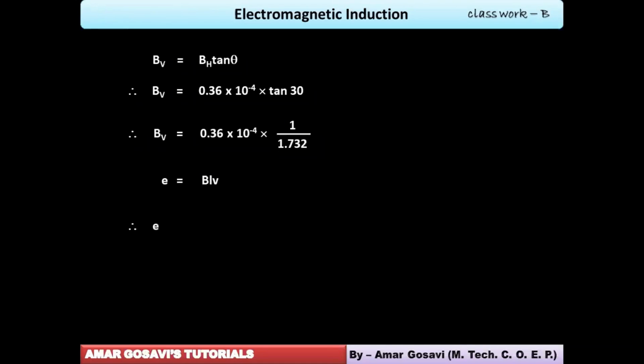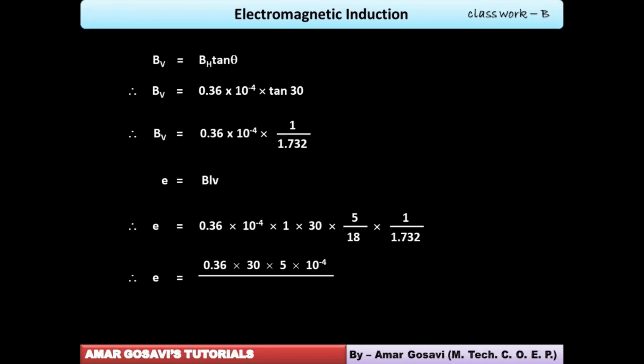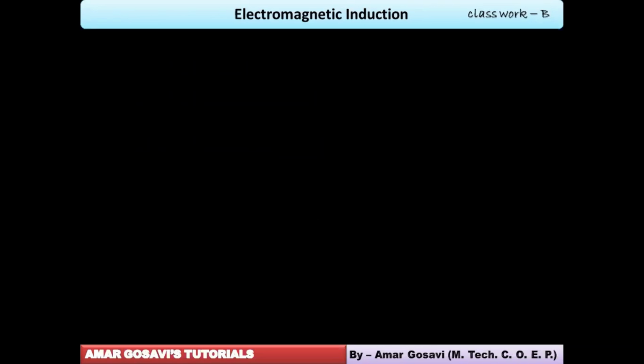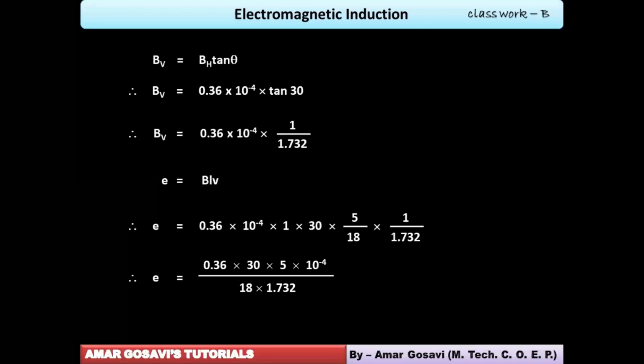EMF will be BLV. So just substitute these values. You are putting all these values and then you estimate the EMF generated. Before I show you the value, make a note of this slide.